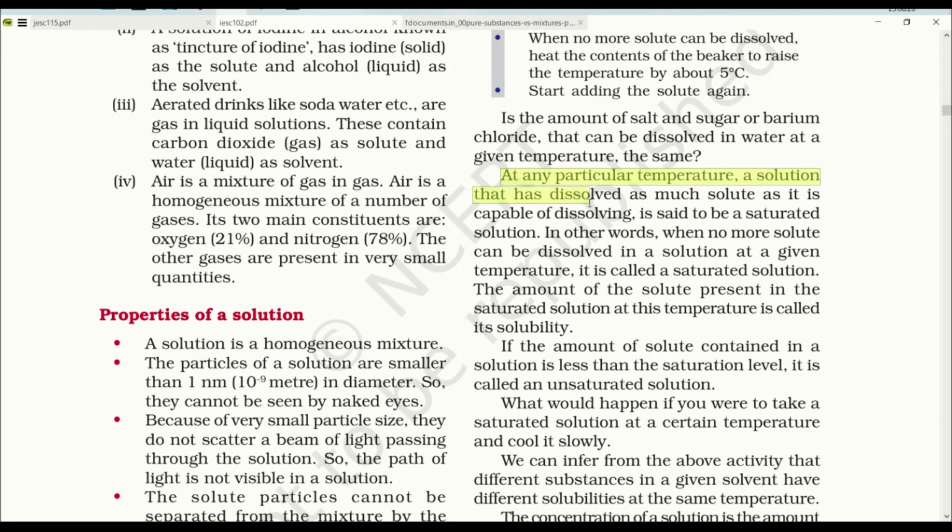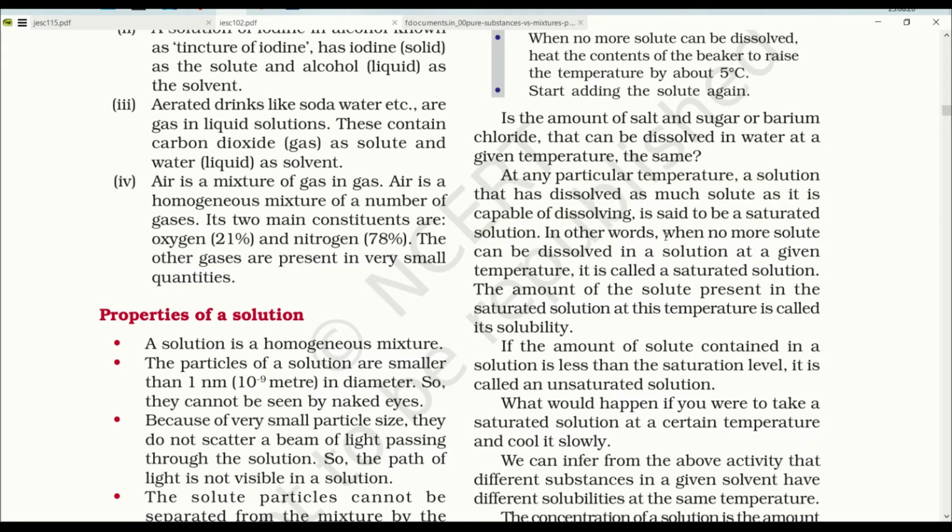At any temperature, a solution that has dissolved as much solute as it is capable of dissolving is said to be a saturated solution. So if on adding more salt to the water it doesn't dissolve, that means the salt solution is saturated. It cannot dissolve further salt.